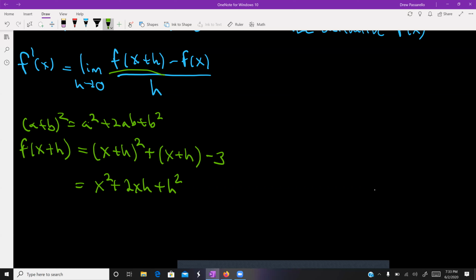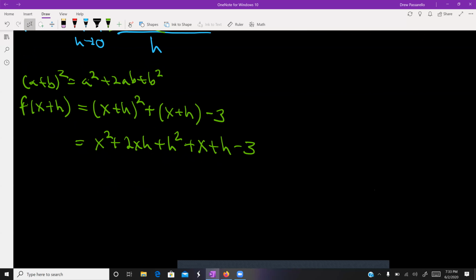Instead of a, it's x. Instead of b, it's h. Or you could do x plus h times x plus h and FOIL it out, and it comes out to x squared plus 2xh plus h squared. All right, so I still have the plus x plus h and then minus 3. And there's no like term, so that's actually what it is.